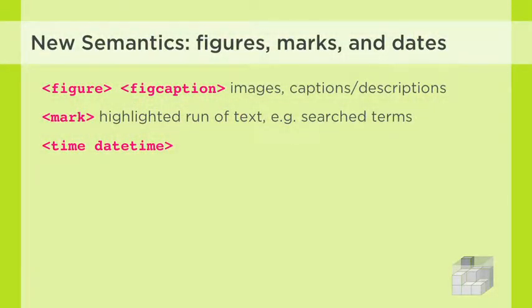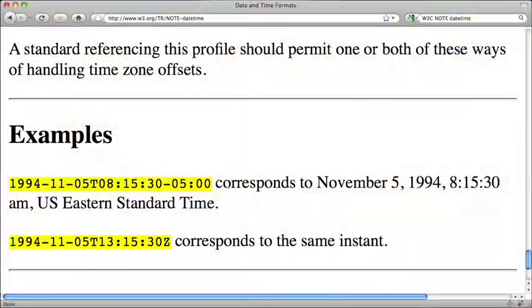The last element that we're talking about in this section is the time element. And the time element represents a lot of opportunity and actually a lot of challenge as well simultaneously. It was originally developed a couple of years ago in fact, to help work around some of the challenges that we've been encountering in the microformats community with marking up dates and times.